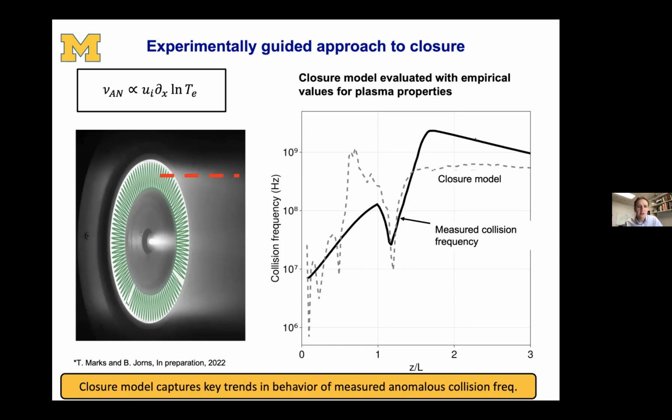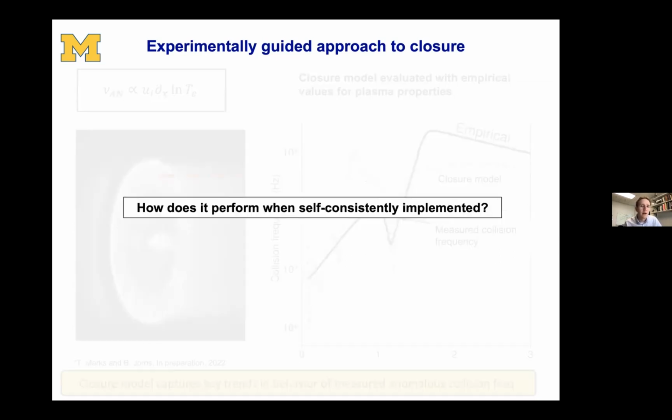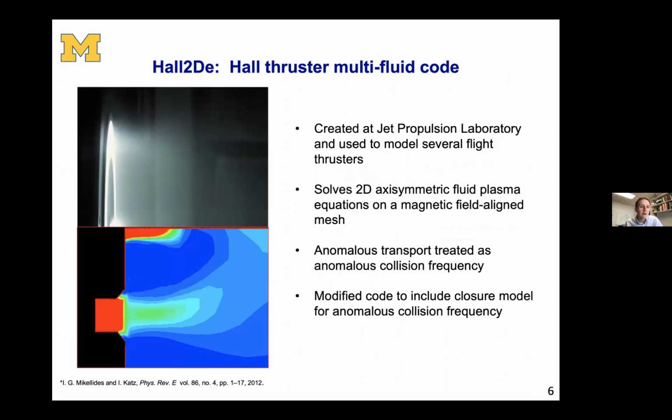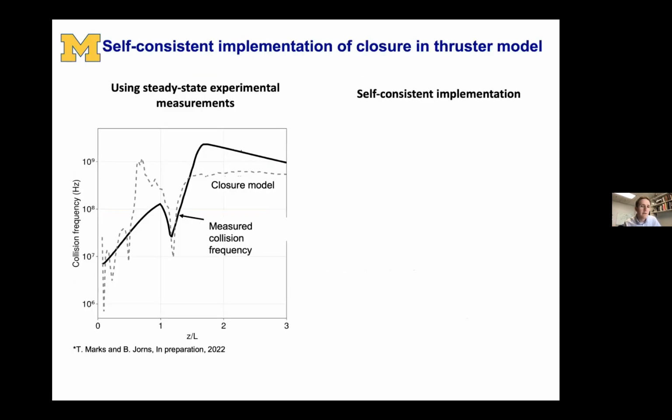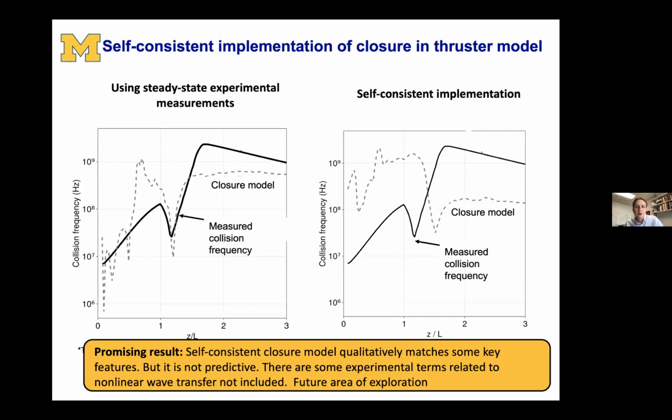So the follow-on extension is, how does this do when we self-consistently incorporate it into the code? And indeed, if we take that collision frequency closure model and put it into a NASA code where we replace that transport coefficient with this simple closure model, we have what's shown here on the right-hand side.